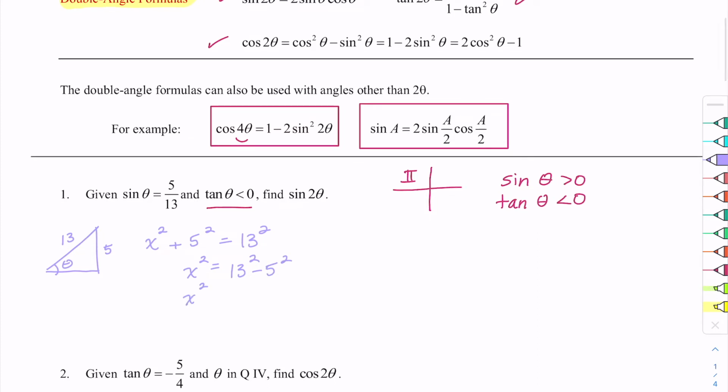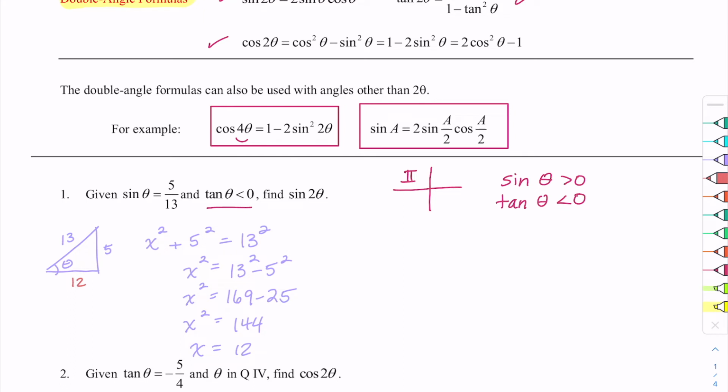And that gives us x squared equals 144. And x is equal to 12.